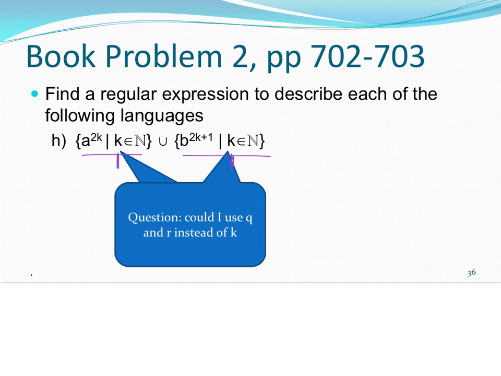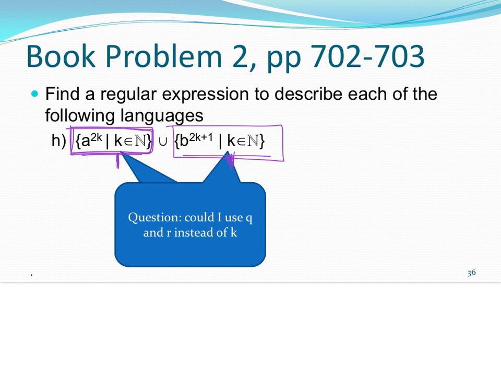So you may want to pause and think about it for a minute before I give you the answer. The answer is absolutely, because these are two distinct sets. So it's kind of like local variables in Java, right? This k is only in scope over this set. And this k here is only in scope in this set.